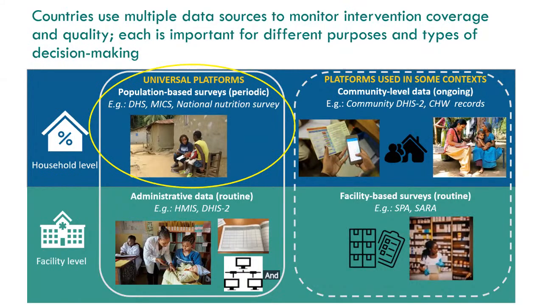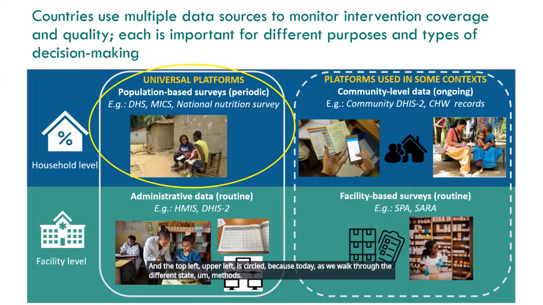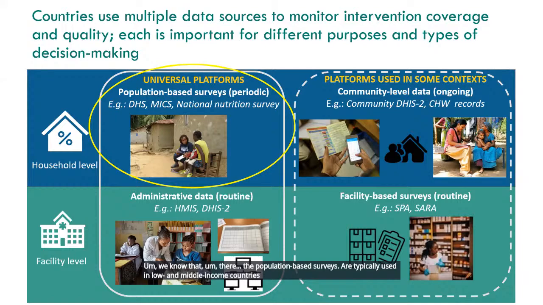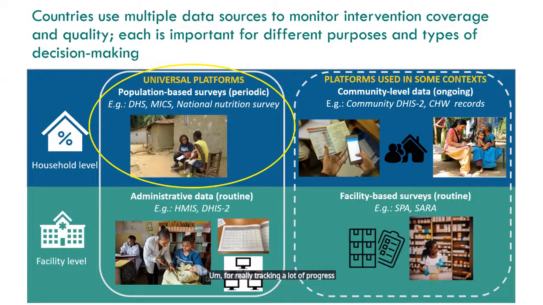The upper left is circled because today, as we walk through the different state methods and approaches for improving measures and indicators, we'll be focusing on the population-based household surveys. We know that population-based surveys are typically used in low and middle income countries and quite extensively for tracking progress for all the different purposes I discussed previously, and that household surveys are still the primary source of coverage data.